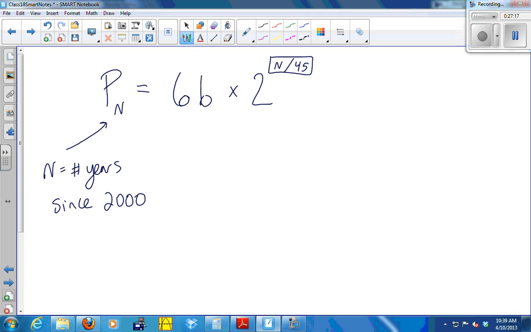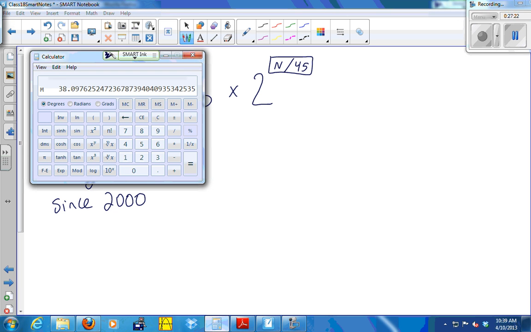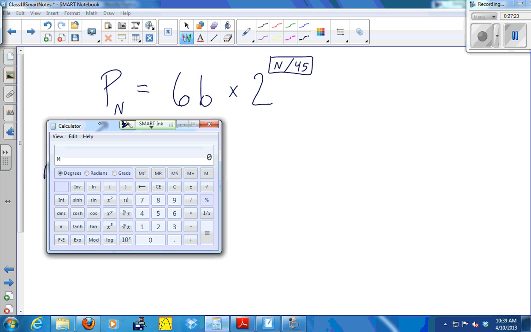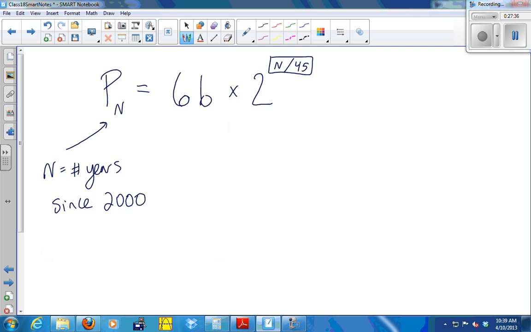So if 200 years have passed, I would take my 200 and divide by 45 and say, that's the number of times I need to double the population, because there are 4.4444 sets of 45 years in 200 years. So P sub 200 would be 6 billion times 2 to the 4.44.